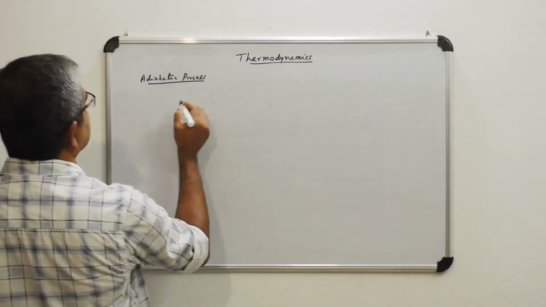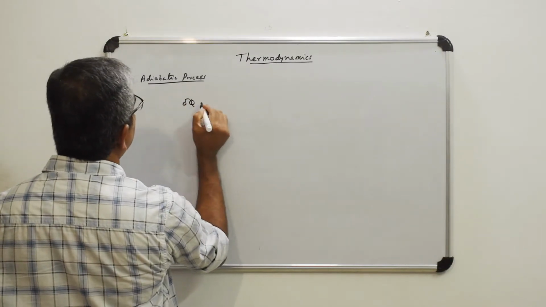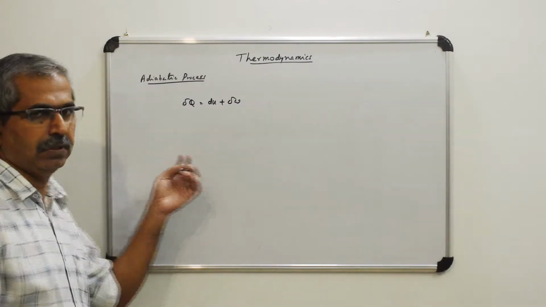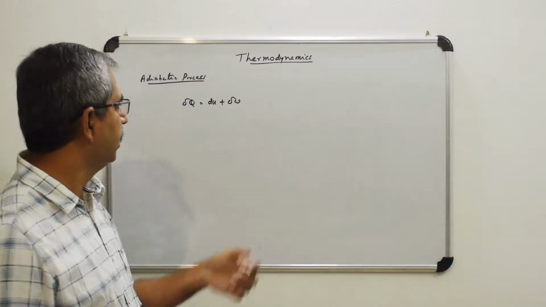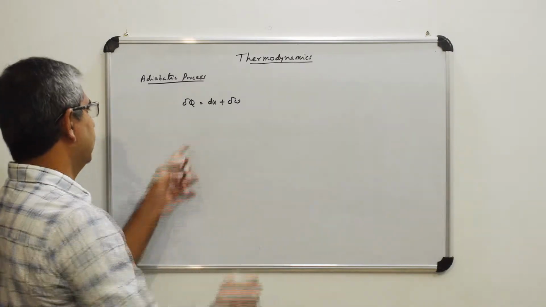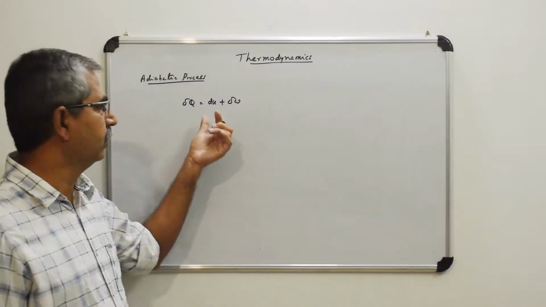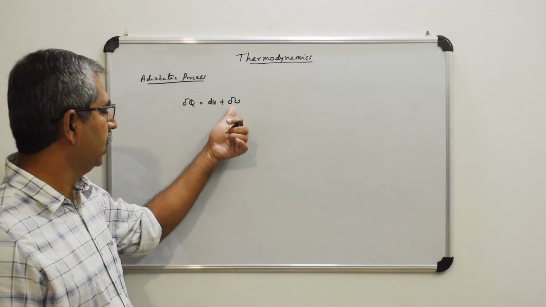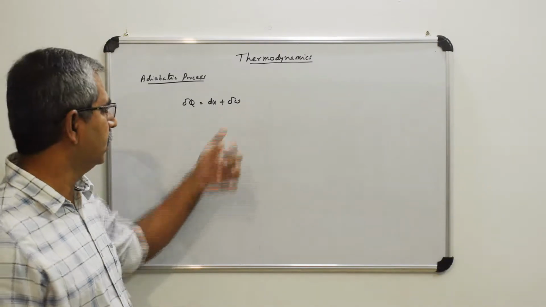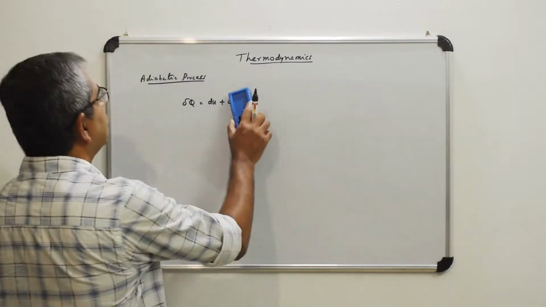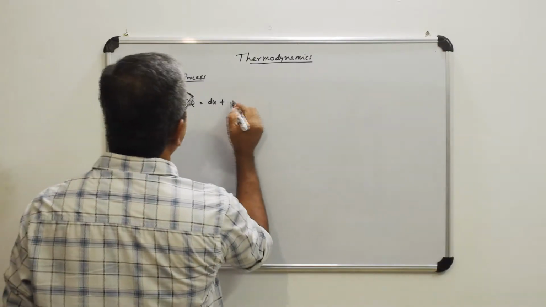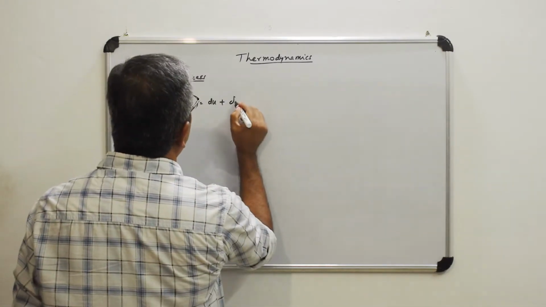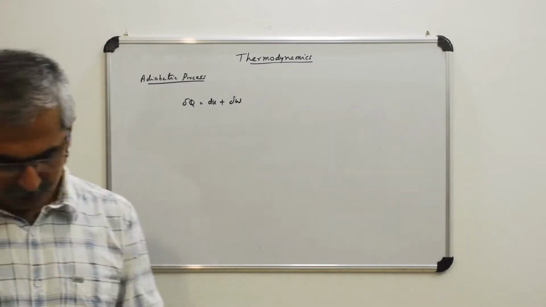The first law of thermodynamics is delta Q equal to dU plus delta W, or simply we will write it as dQ is equal to dU plus dW, where dQ is the quantity of heat that is given to the system, dU is the change in internal energy, and delta W or dW is called the work done. Okay.